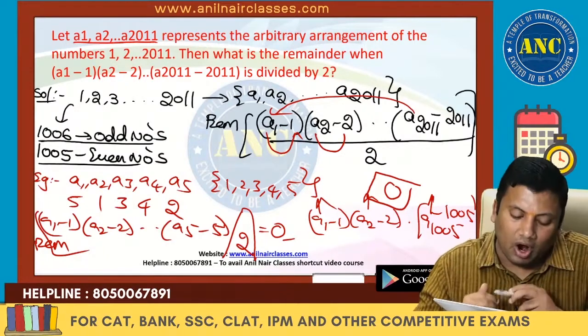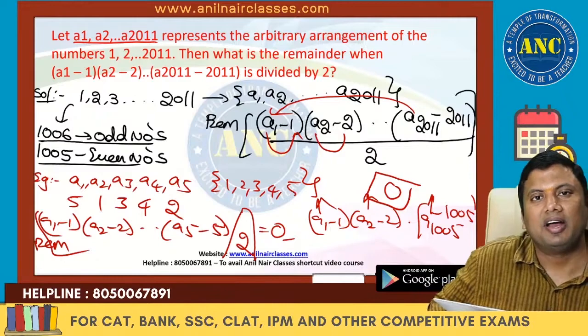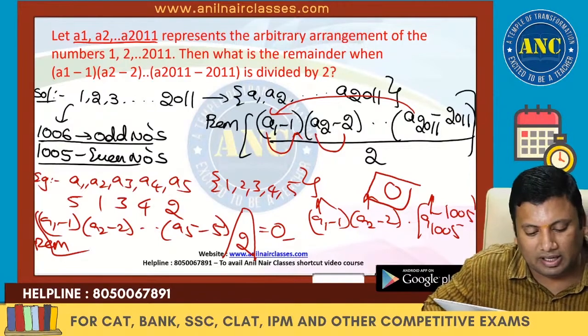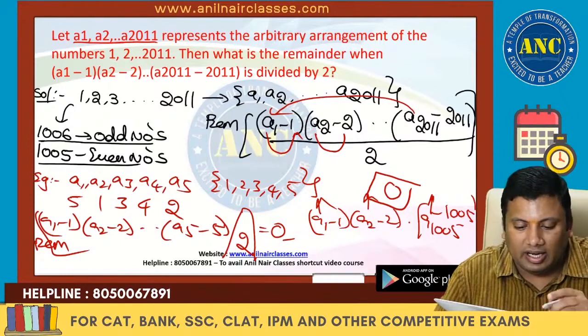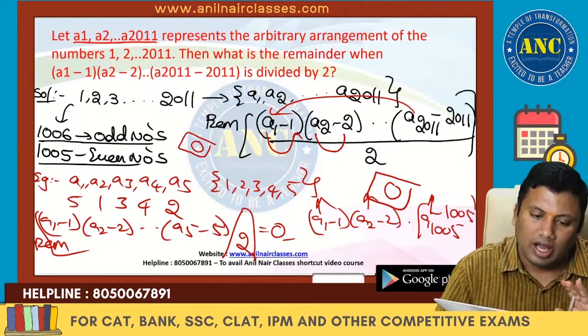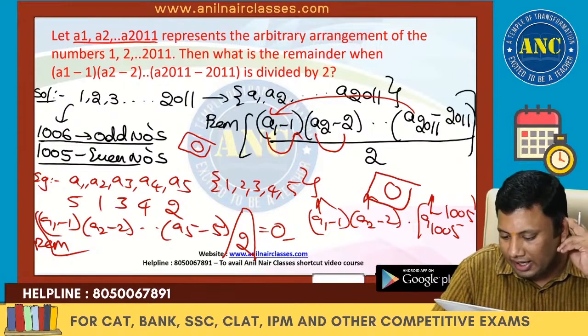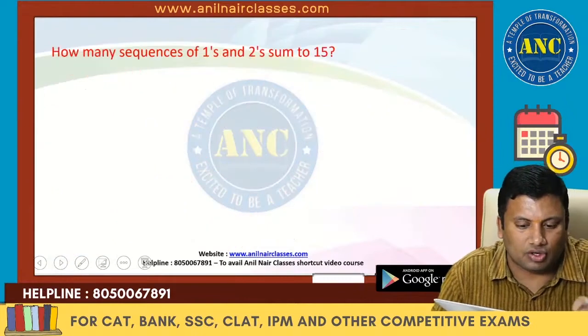Even if you give odd numbers here, odd minus odd is even. An even number into any number, when divided by 2, the remainder is nothing but 0. I hope the idea is clear. Next one: the answer for this question is 0.